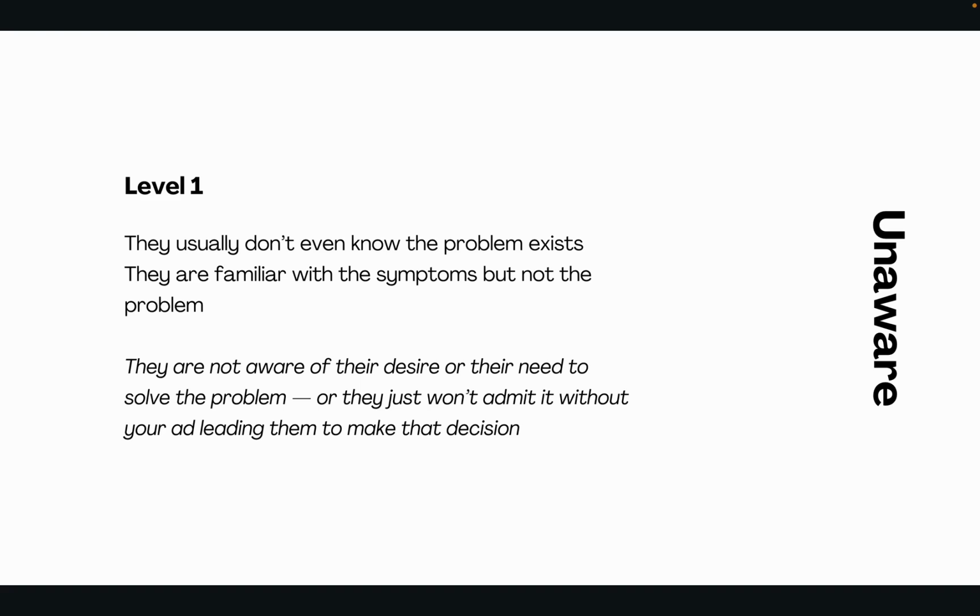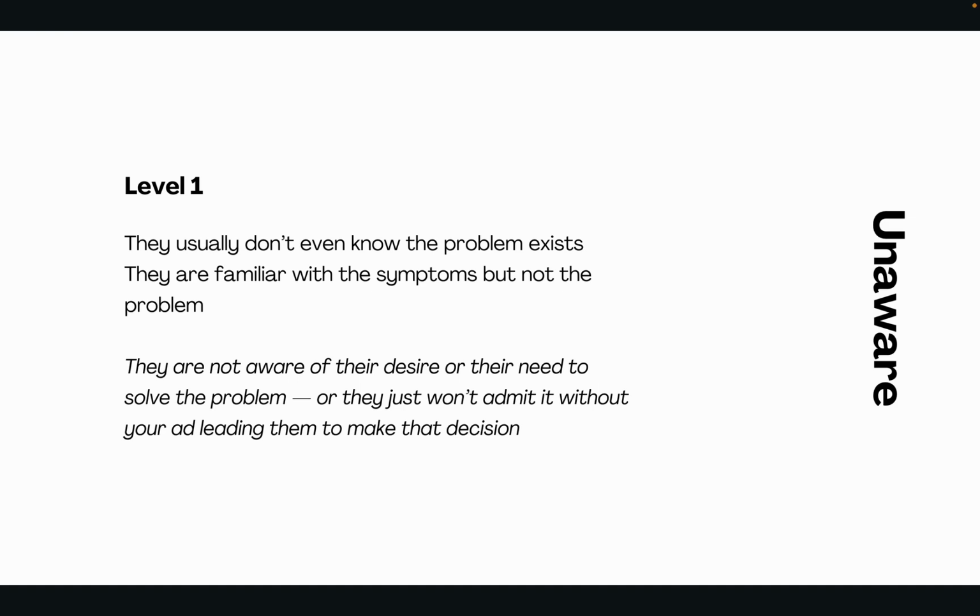Now, these are people that are unaware, the first level. They usually don't know the problem exists. The customers in this level are familiar with the symptoms, but they don't recognize the problem for what it is.